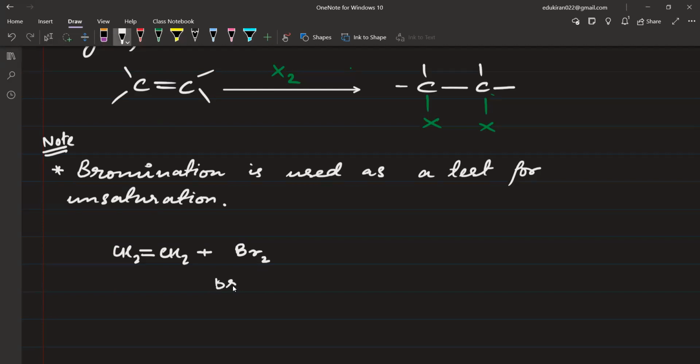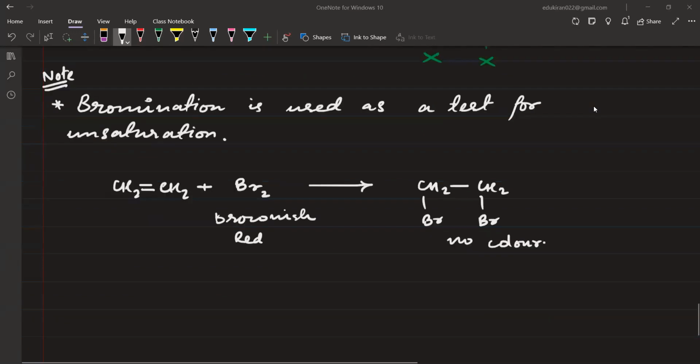So this is brownish red. But when Br2 reacts with any alkene, it forms CH2 with a Br, single bond CH2 with a Br. Now, since bromine is not remaining in the reaction, bromine is finished, so there is no color.